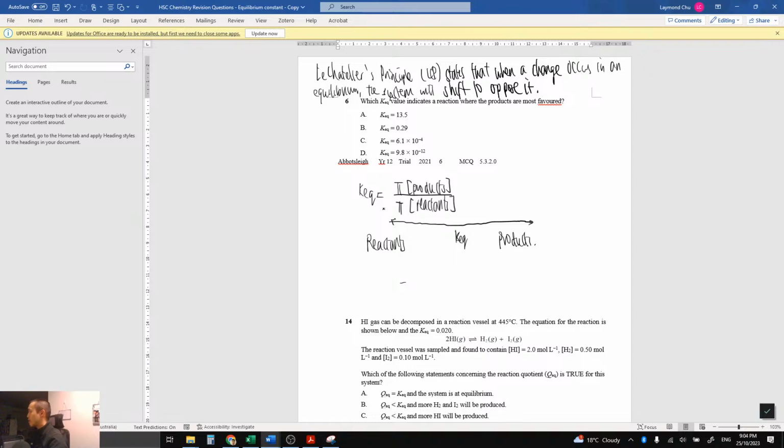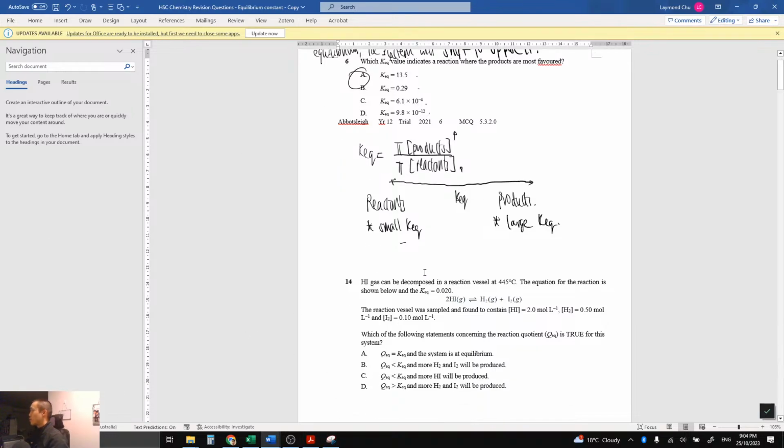If our KEQ value is large, we are here. Large KEQ. If our KEQ is small, we are on our reactant side. Because if our KEQ value is big, that means our numerator is big. If our reactant concentration is big, that means our denominator is big, which makes our KEQ small. So we want a KEQ that favors the product, which means we want a large KEQ. Which one gives us a large KEQ? This is big, small, smaller, smallest, so our answer is A. That should be pretty straightforward.